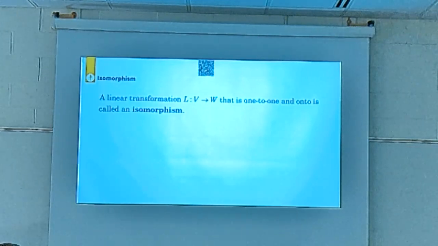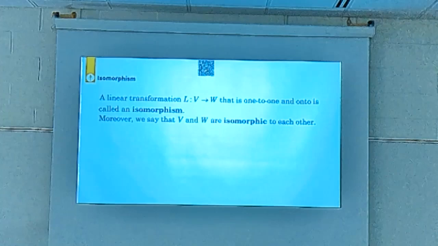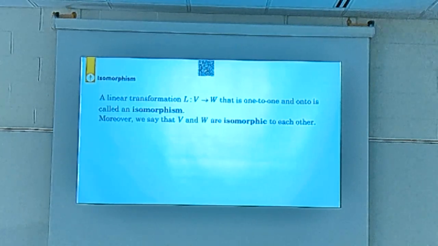Moreover, if V and W have an isomorphism, then we say that V and W are isomorphic to each other. Which is very important. Two vector spaces that are isomorphic behave the same way. So if a property is true in one, it's true in the other.